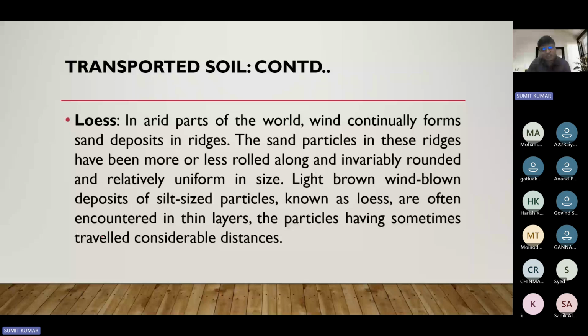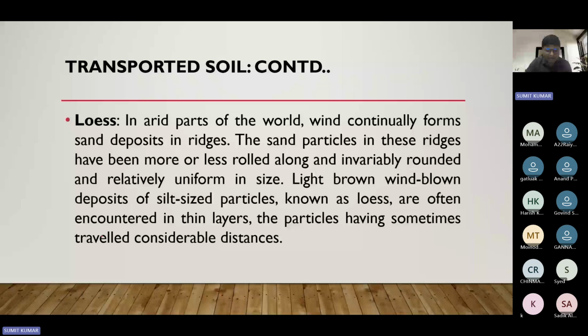So over there, the storm of sand blows, and it brings the sand particles from one place to other places, and they get deposited at some other places, and during their movement they roll over one another, resulting in uniform size spherical particles in general.